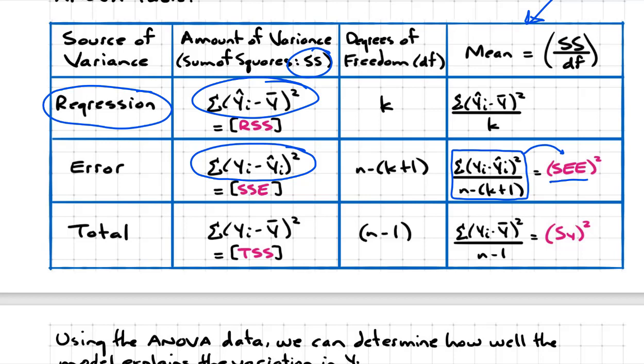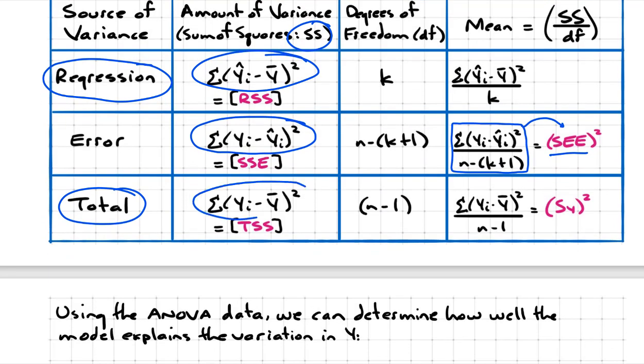And then for the total, when you look at the mean, again, same thing. You take the sum of squares and divide it by degrees of freedom. This too looks very familiar. That's the framework for finding the variance for y. So what's the difference between this here and this here? SEE measures the dispersion around the regression equation.